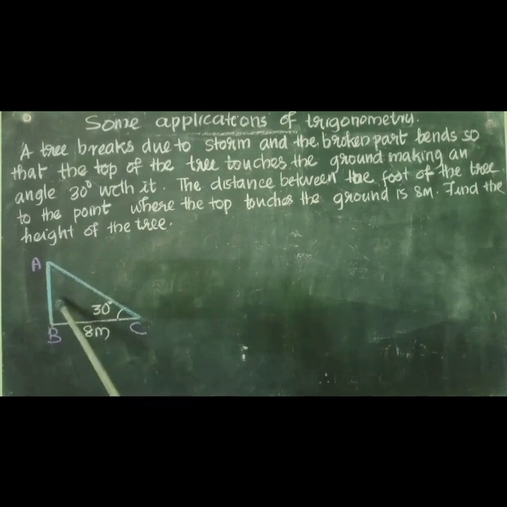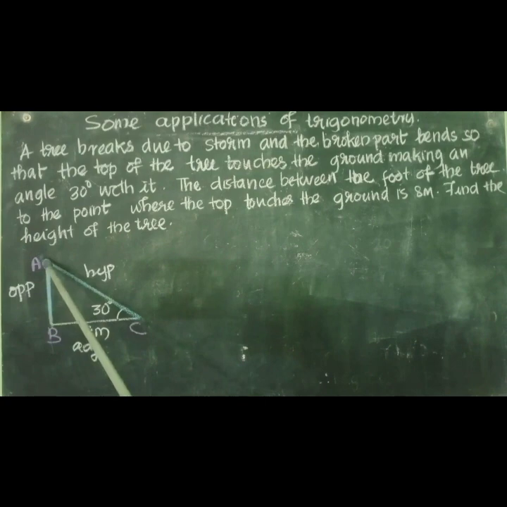We need to find out the height of the tree. That means we need to find out AB and AC. Here C is the acute angle. For this acute angle C, AB is the opposite side, AC is the hypotenuse and BC is the adjacent side.